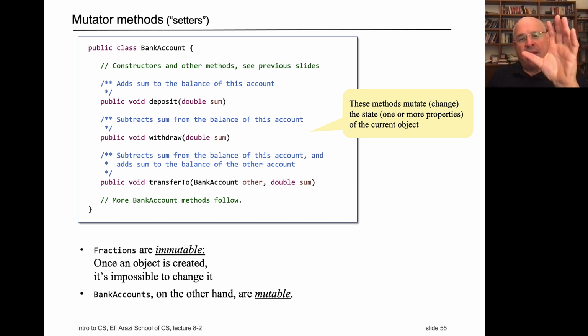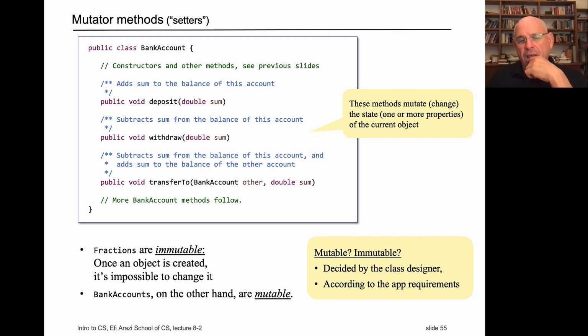So once again, the architecture of the class reflects the application. It's not something that you do in a vacuum. You always do it in a certain context. So whether it's mutable or immutable, it's decided by the class architect based on the requirements of the application.